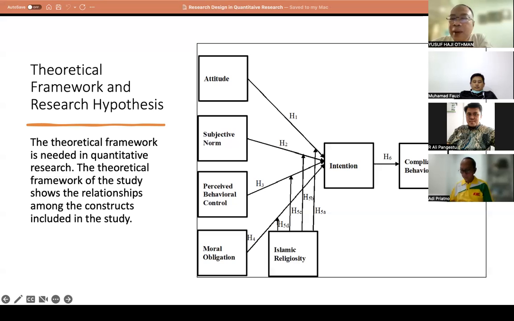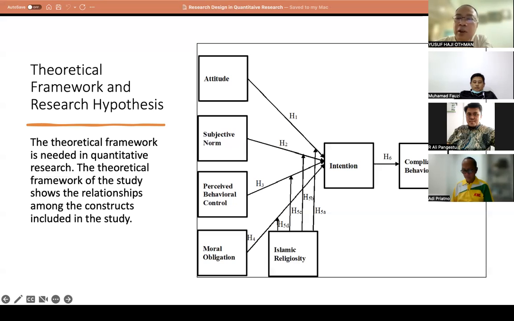So it is very important, if you do a quantitative study, to have a strong, solid, and justified theoretical framework where you can show the underpinning theory that you use, and you can adapt and adopt, and also show that what you are doing includes the new.